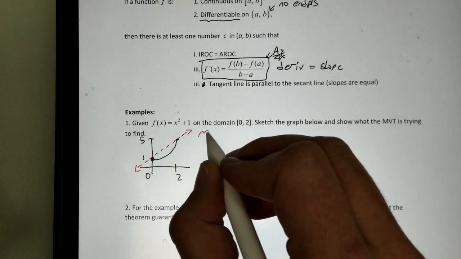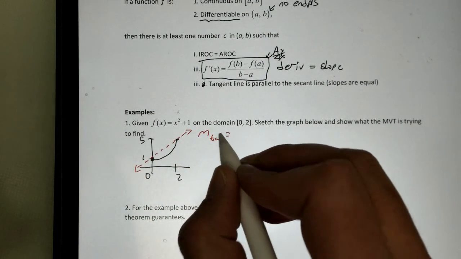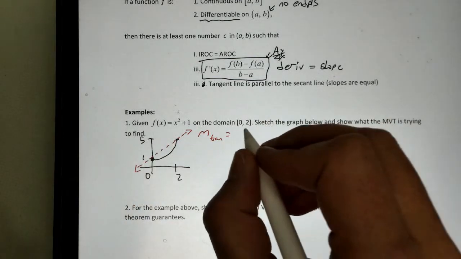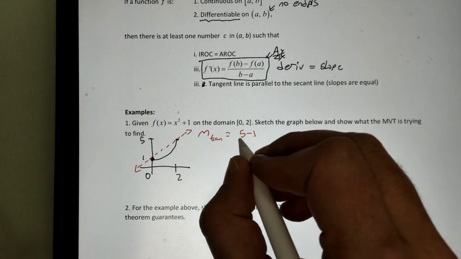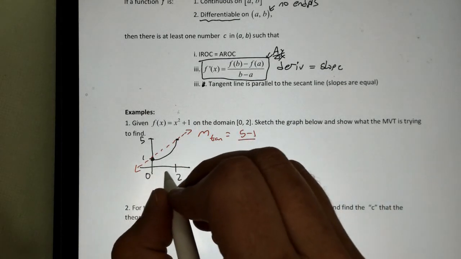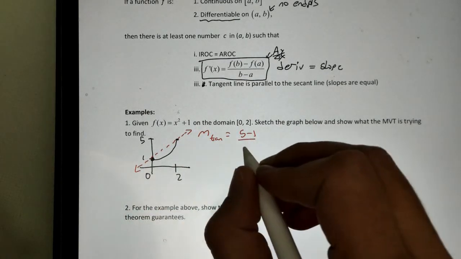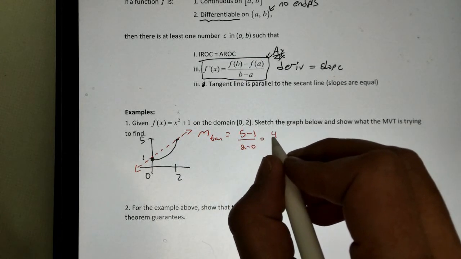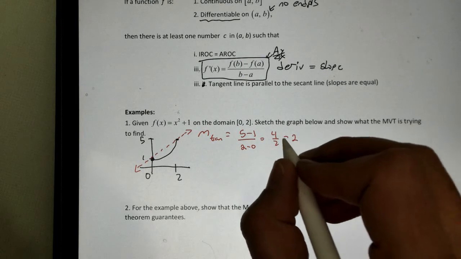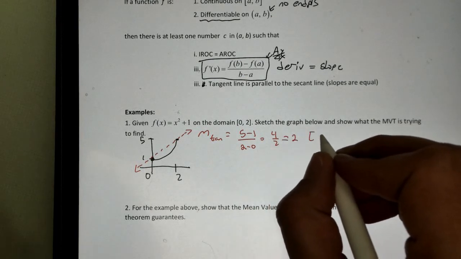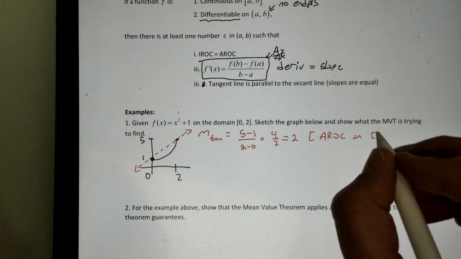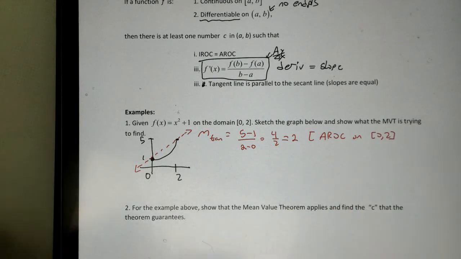And that's going to give me a slope of a tangent line. And I can find the slope of that line. That's just a change in my y values, 5 minus 1, over the change in my x values, 2 minus 0. And that's going to give me 4 over 2, or 2. So this is what we call the average rate of change on the domain 0 to 2.